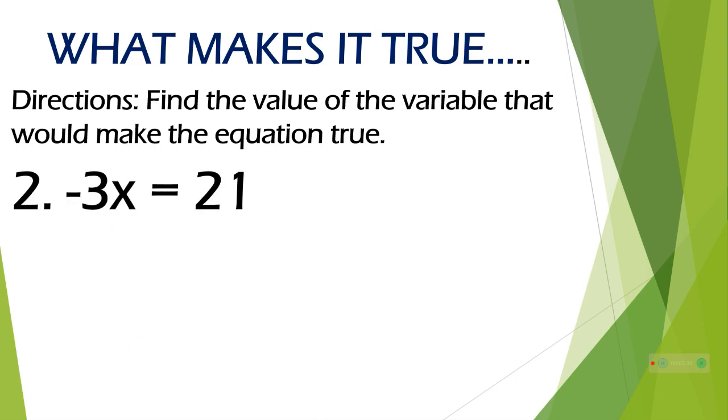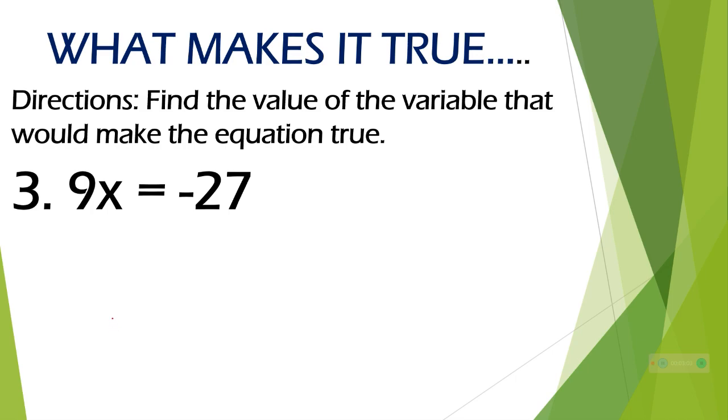Next, we have negative 3x equals 21. So we have here x equals, yes, negative 7, because you are going to divide both sides of the equation by negative 3. So you will obtain x equals negative 7. And for the last, we have 9x equals negative 27.